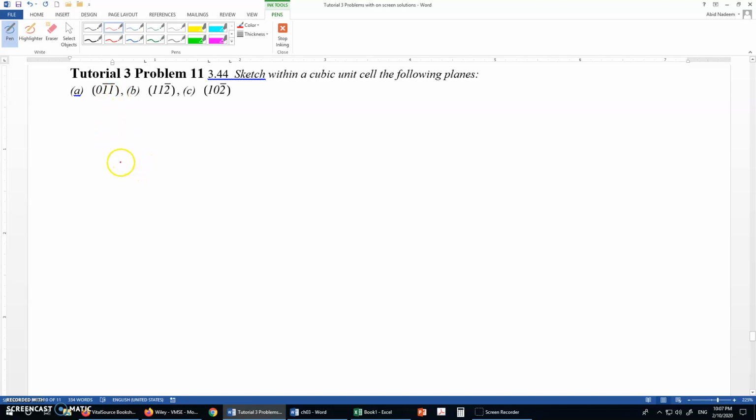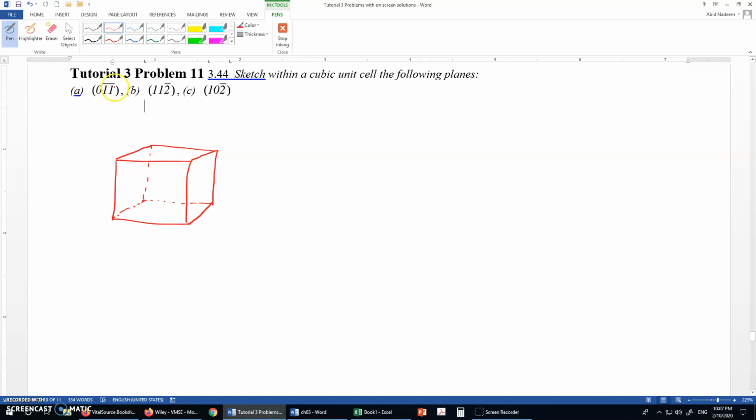Okay, so let's draw the unit cell first. Okay, so let's suppose this is the unit cell.